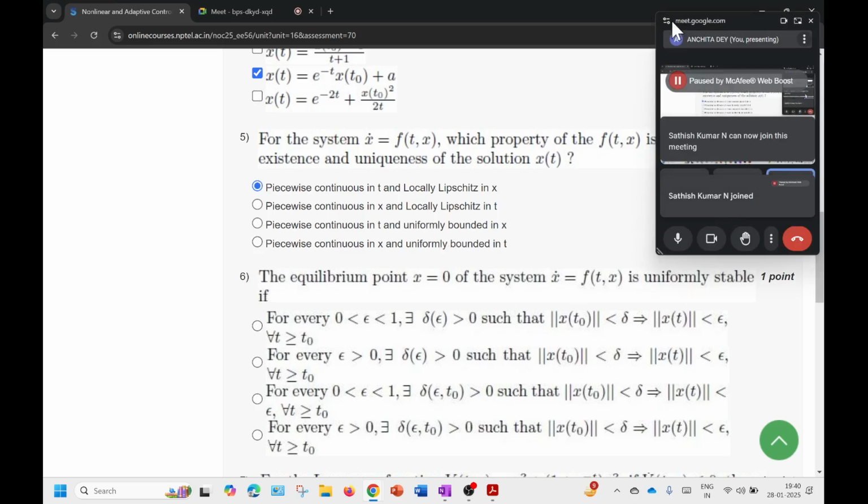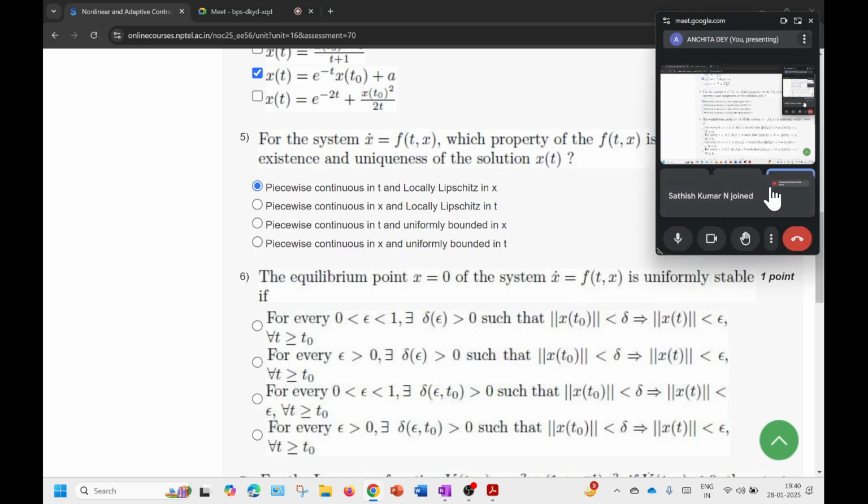It's a non-autonomous system, which means it is explicitly dependent on time because f is a function of t and x. So whenever this t appears in the dynamics, instead of simply talking about stability, asymptotically stable, globally asymptotically stable or exponentially stable, we have another definition which involves the word uniform.